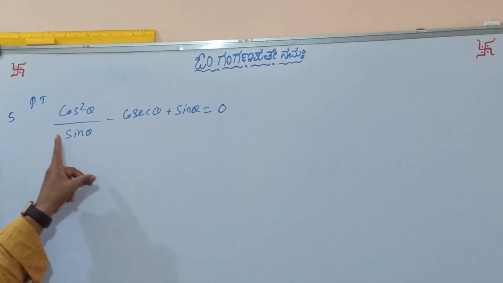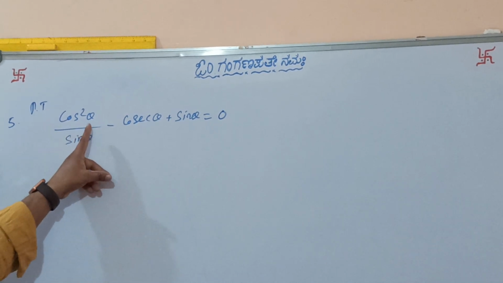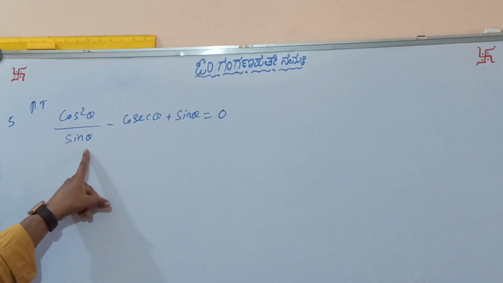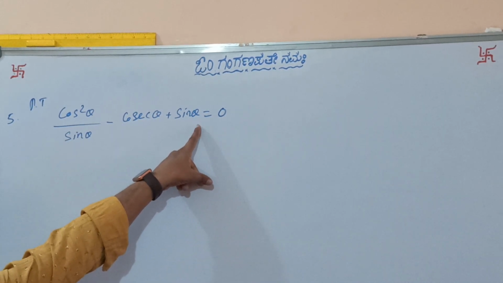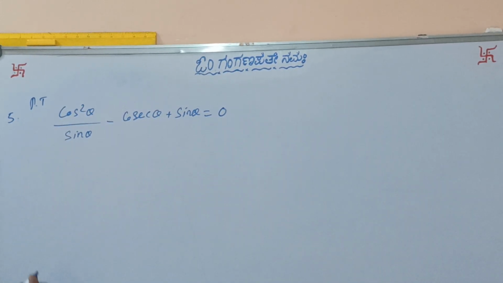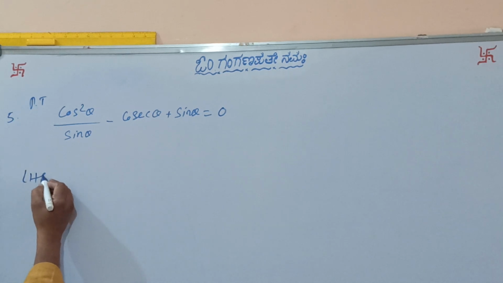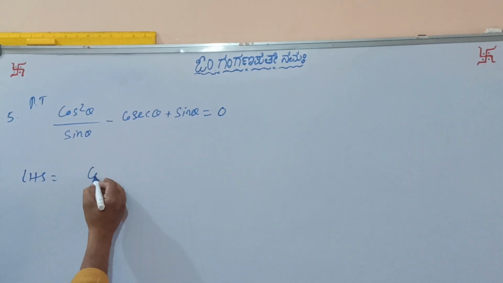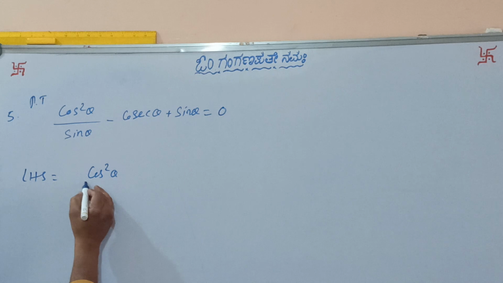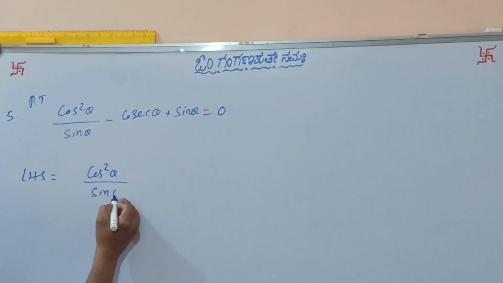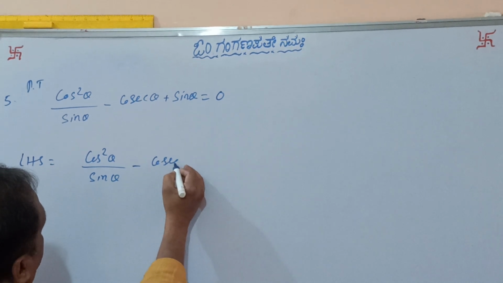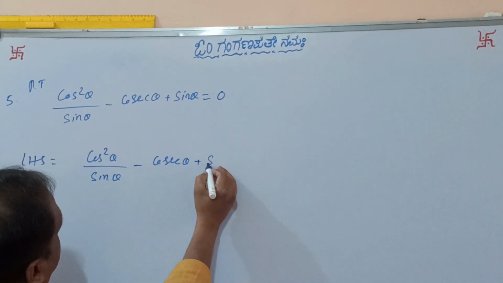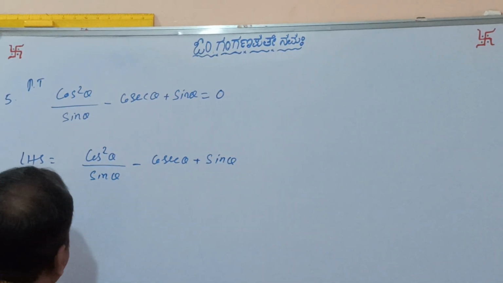Okay, next problem here. Prove that cos square theta by sin theta minus cosec theta plus sin theta is equal to 0. Here also we are going to consider LHS first. LHS is equal to cos square theta by sin theta minus cosec theta plus sin theta.